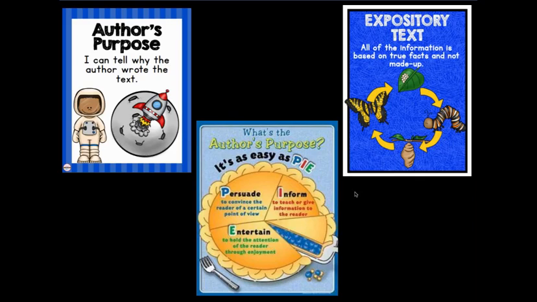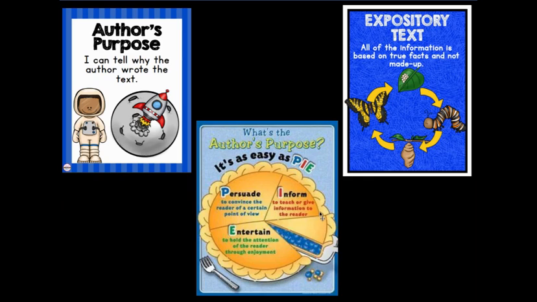If you remember at the beginning of the story, we said the genre of the anthology text Vote was expository text. And remember, with an expository text, all of the information is based on true facts and nothing is made up. So when you have an expository text, the author's purpose is to inform.